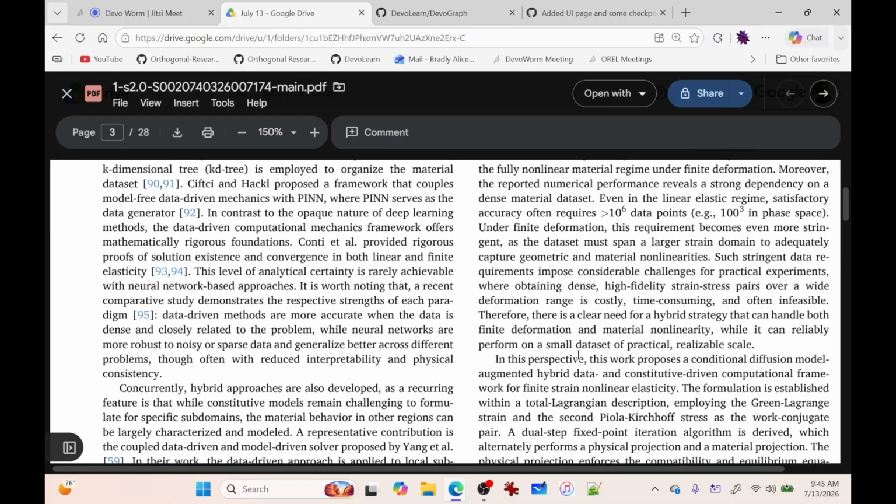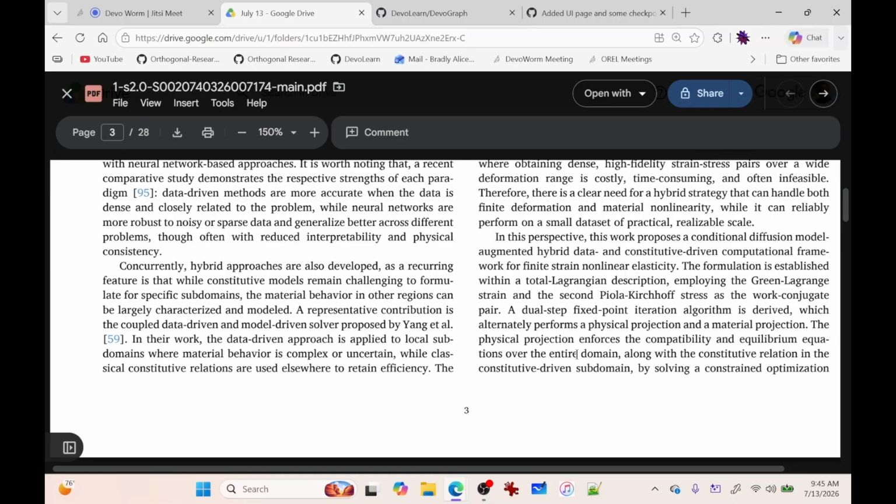So that's what they're doing here. They talk about how they're going to build a conditional diffusion model augmented hybrid data and constitutive driven computational framework for finite strain nonlinear elasticity. So they're going to build this diffusion based data augmentation model.